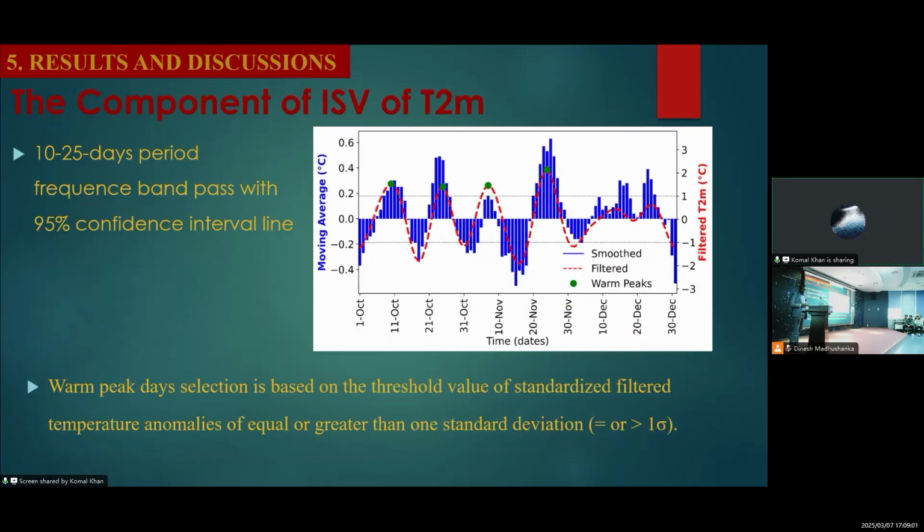Filtering method. Now, the filtered part, as you can see, the bars represent the moving average of our data, and the dashed red line shows our 10 to 25 filtered signal. As you can see, we have this intraseasonal curve as shown in the figure.